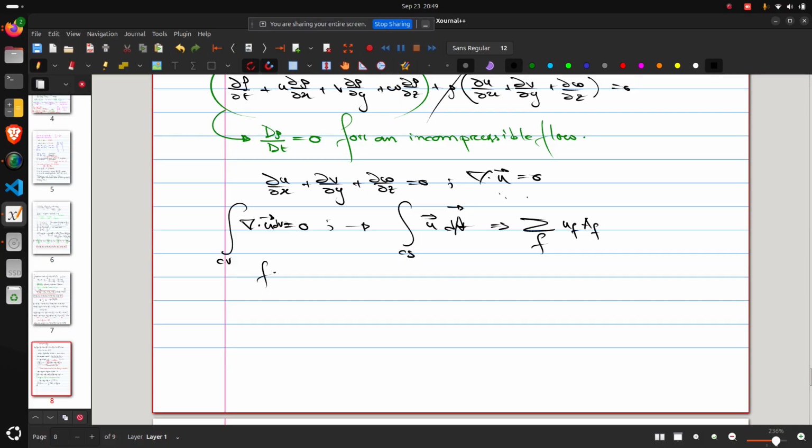So, in our case the faces are nothing but east, west, north and south.